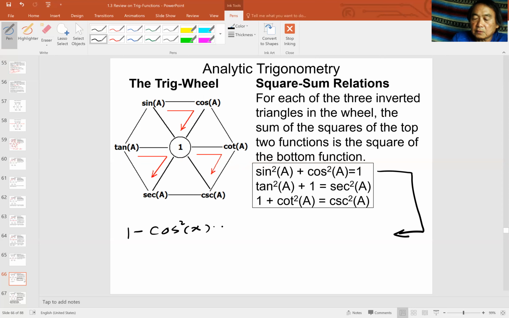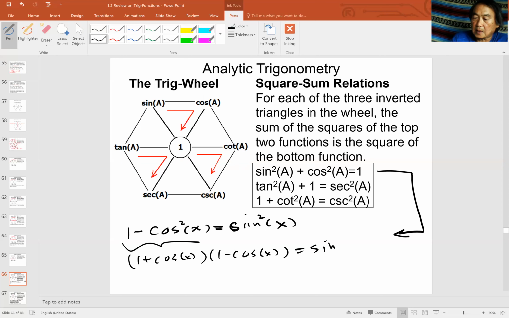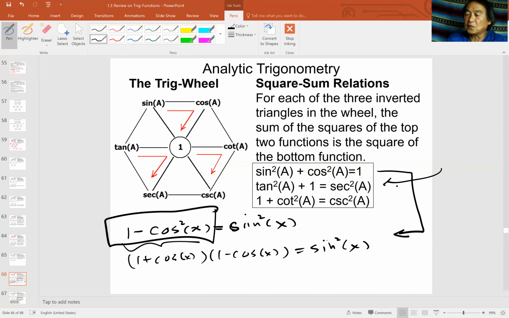If I treat it as sine square, then it can be factored: 1 plus cosine, 1 minus cosine, multiplied together gives sine square. Using these patterns of difference of squares, you can extract a lot of different versions, getting them into a square minus b square equals c square versions.